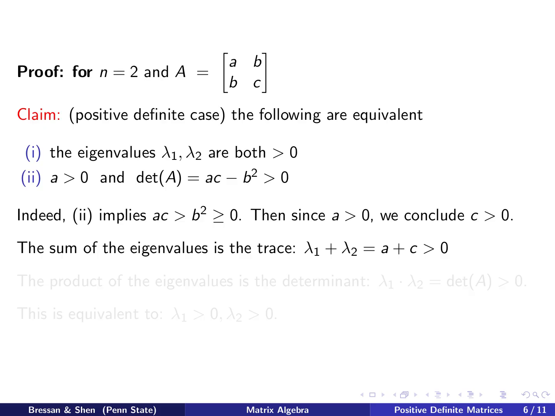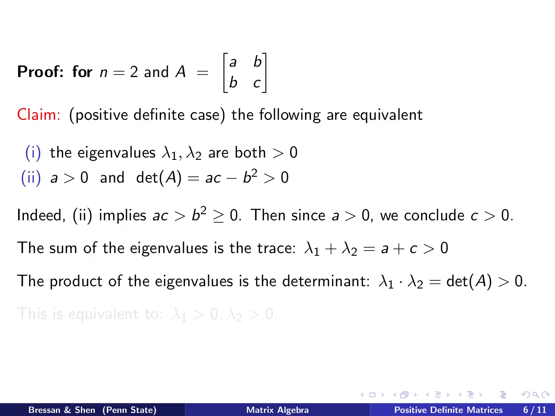And now recall a property of the eigenvalues and the trace. The sum of the eigenvalues, lambda 1 plus lambda 2, will be the trace of the matrix, which is the sum of the two diagonal elements, A plus C. And A is bigger than 0, C is bigger than 0, so this is bigger than 0. Furthermore, we also have the property that the product of the eigenvalues is the determinant.